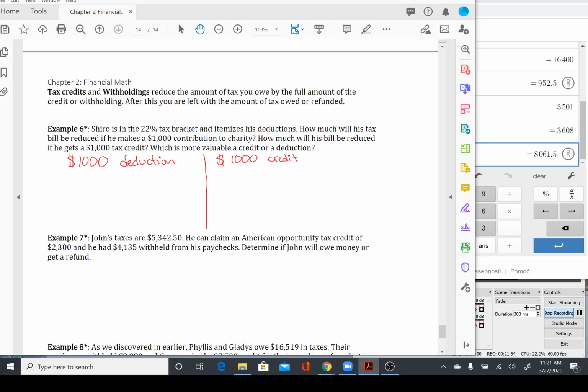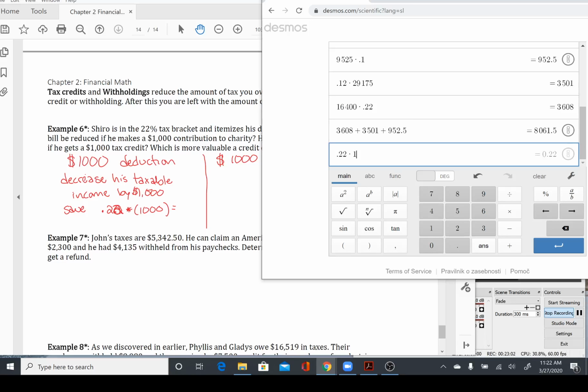If Shiro's in the 22% tax bracket, this $1,000 will decrease his taxable income by $1,000. So it will save him 22% of that $1,000, because that $1,000 won't be taxed.